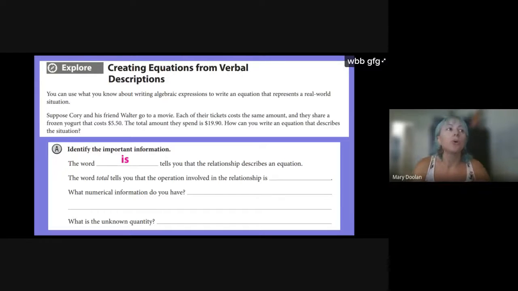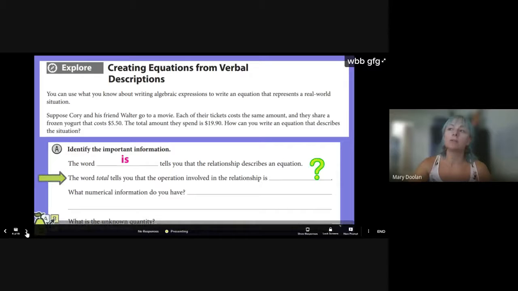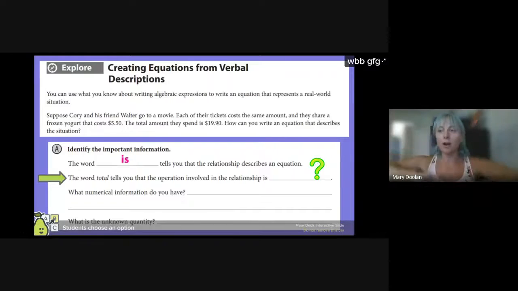The word total tells you that the operation involved in a relationship is, okay, so this is one of your interactive slides. It's multiple choice. What operation does total mean?